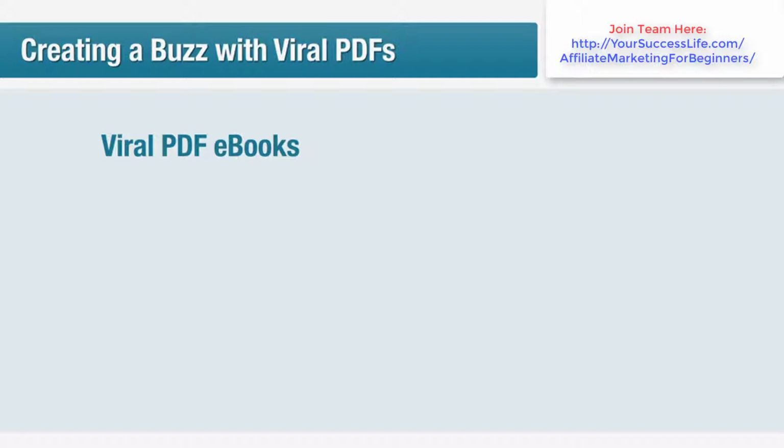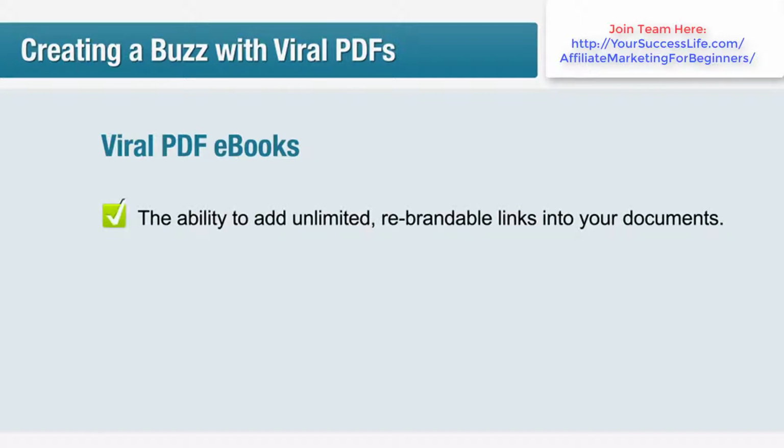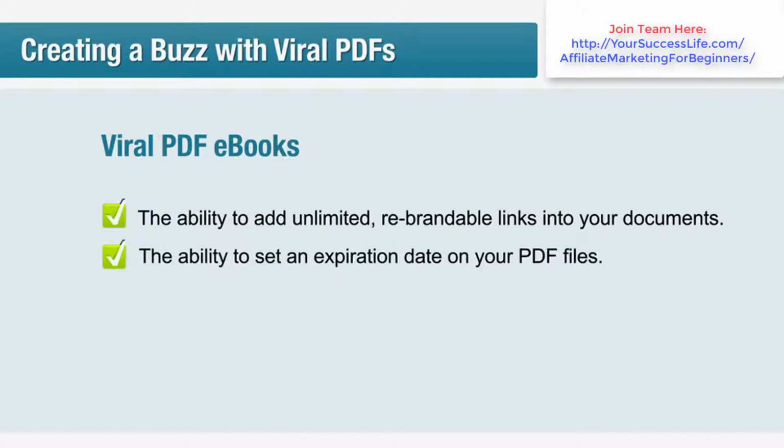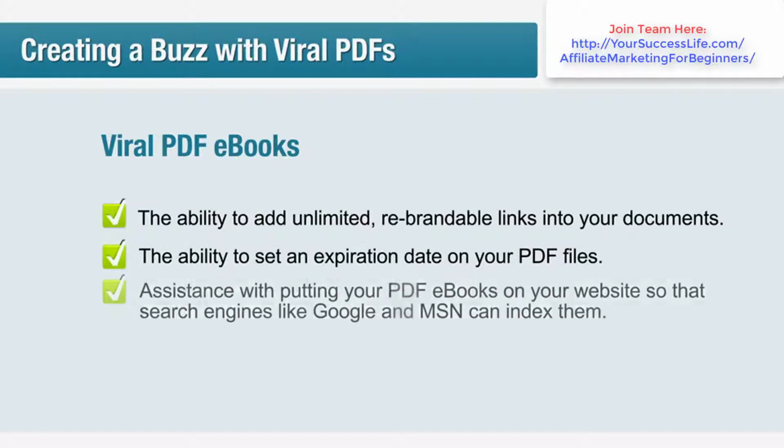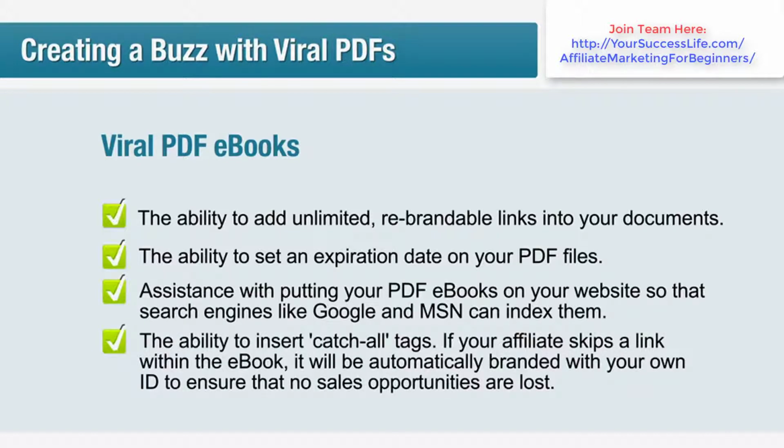This product also features the ability to add unlimited, rebrandable links into your documents, the ability to set an expiration date on your PDF files, assistance with putting your PDF ebooks on your website so that search engines like Google and MSN can index them, and the ability to insert catch-all tags. If your affiliate skips a link within the ebook, it will be automatically rebranded with your own ID to ensure that no sales opportunities are lost.